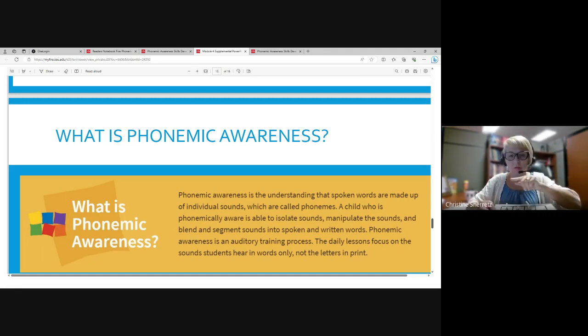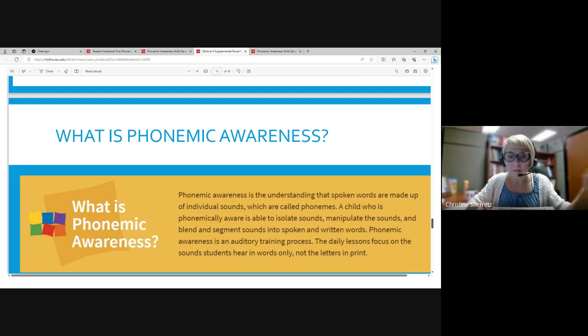You're going to go from left to right, just like you read. B, a, t, bat. Then you can do activities where you say, now I want you to point to the a sound. So they would point to the middle sound.